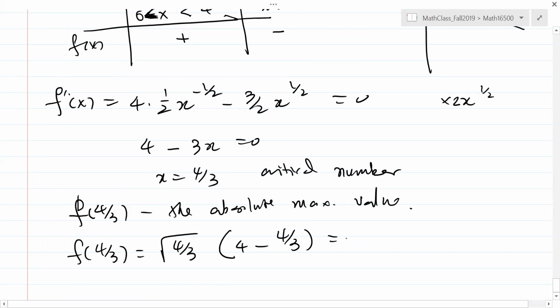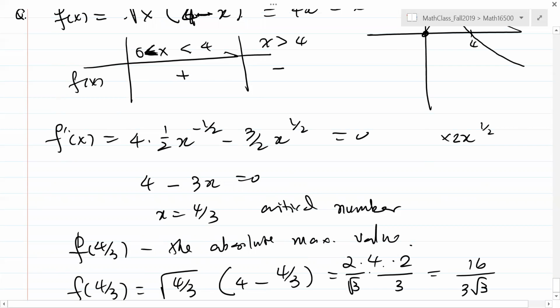So this is going to be the square root of 4/3 times 8/3, which simplifies to a number. It's not a perfect number, but it's a good number, right? Okay, this is our absolute maximum value.